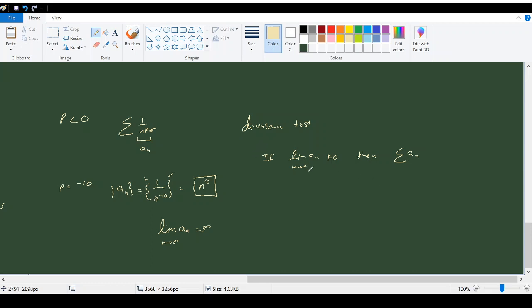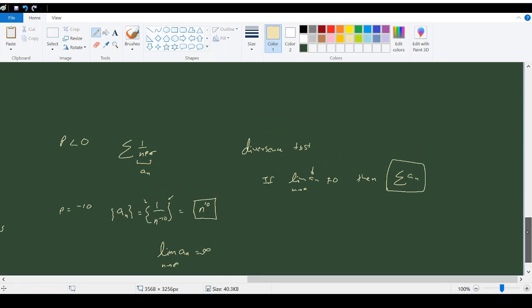Now in this case, this is not the partial sum sequence; we are considering the sequence of a_n terms. The limit of this sequence is not equal to 0, so from the divergence test we can say that the series diverges.